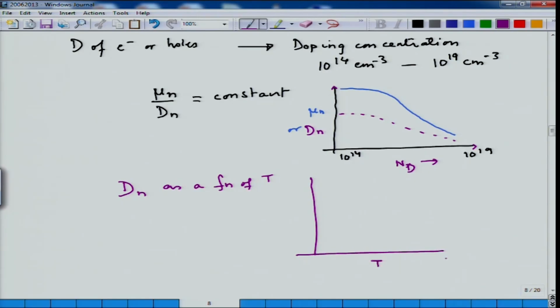If I plot temperature, in a range of -50 to 200, the mobility for low doping concentration, on the log scale, drops as the temperature increases, because as the temperature increases, you have more and more lattice scattering taking place, and the mobility drops fast, and this is for light doping.